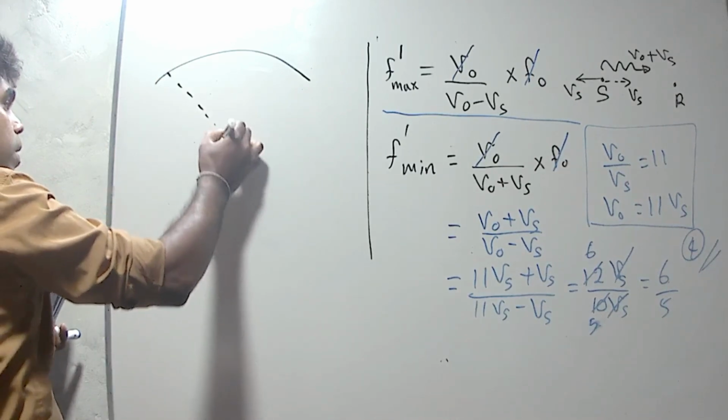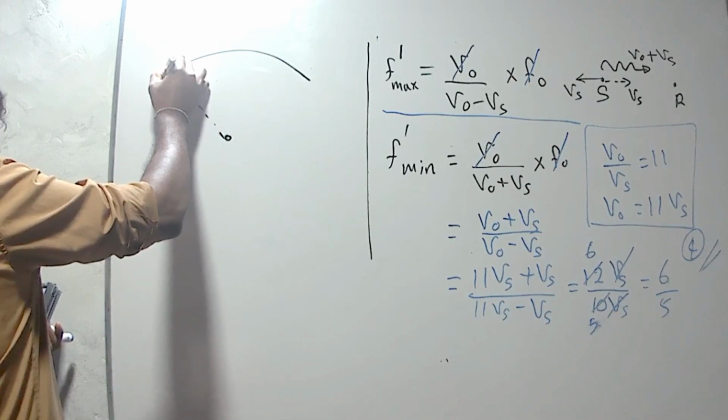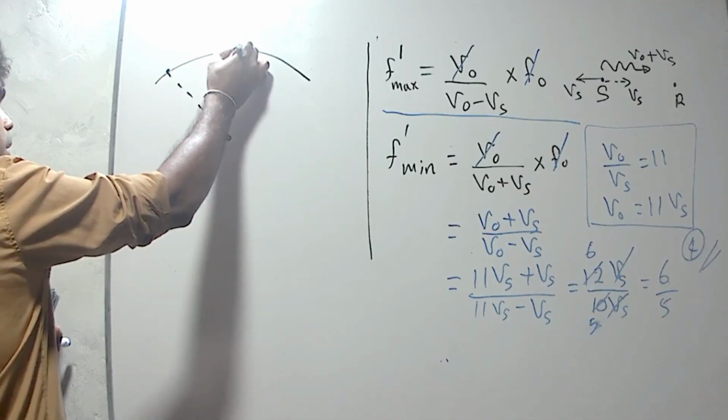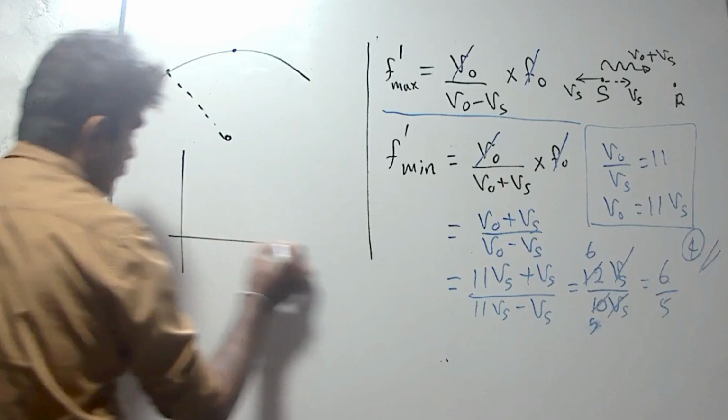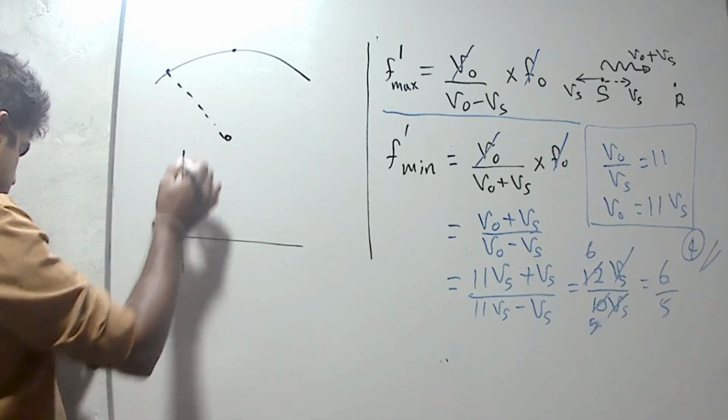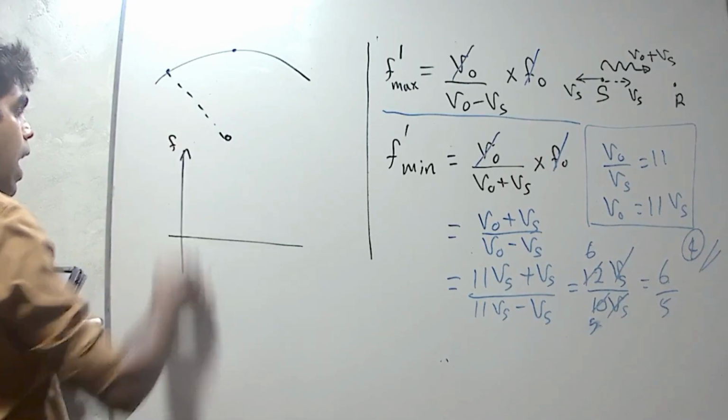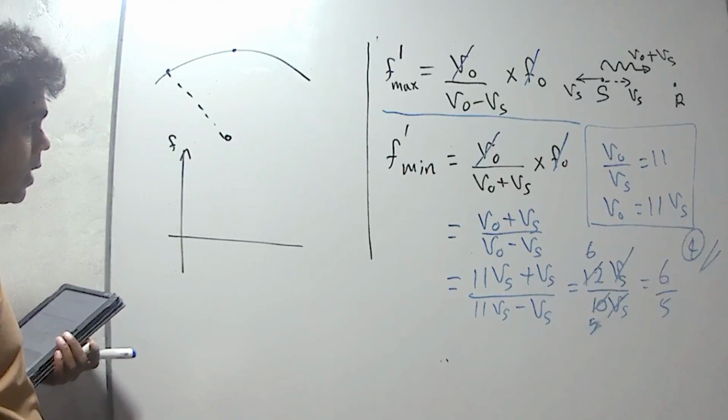Therefore, when the source is moving from this point to this point, the apparent frequency is a higher value than the actual frequency.